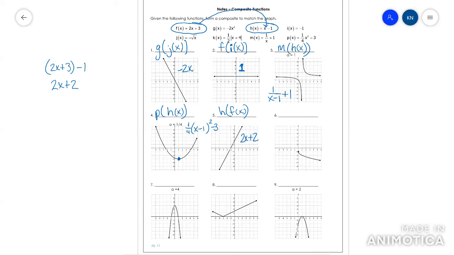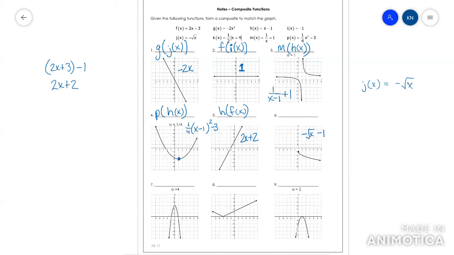The next one is probably going to be a little easier for you to see because it is a negative root function. This is a negative square root. So the equation of this is negative root x minus 1, like that. So I have to use two of these equations. Well, I know one of them is going to have a root. So I know one of them is going to be j of x, because j of x is negative root x.